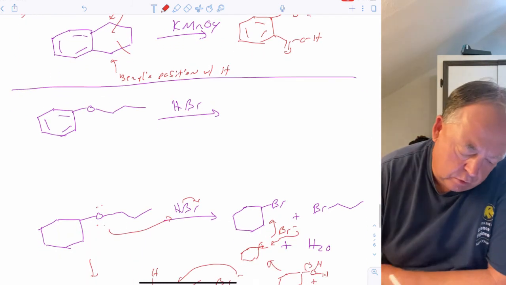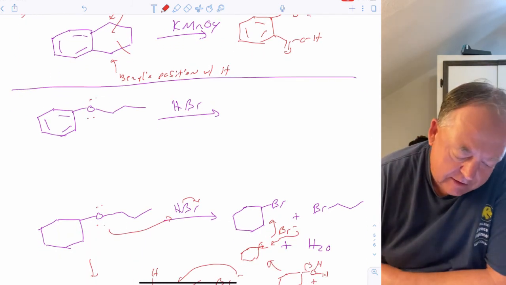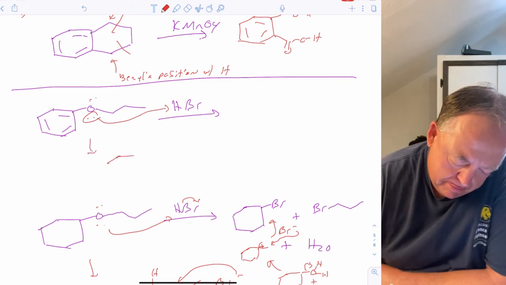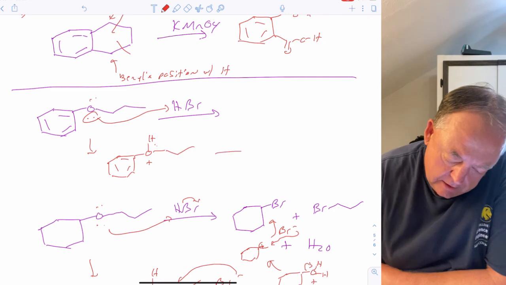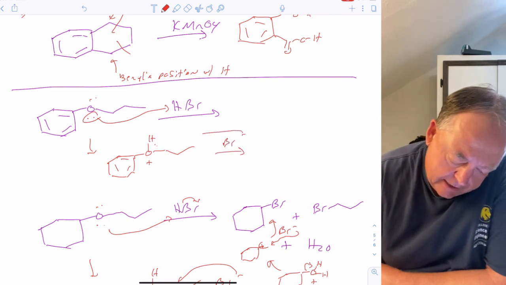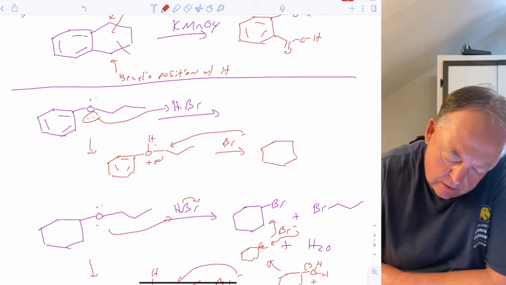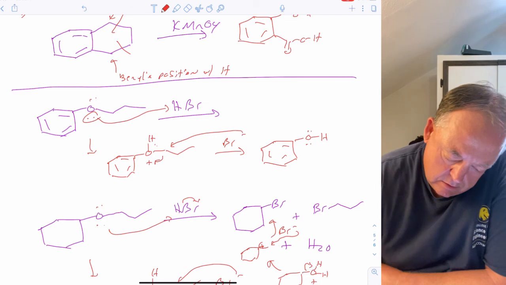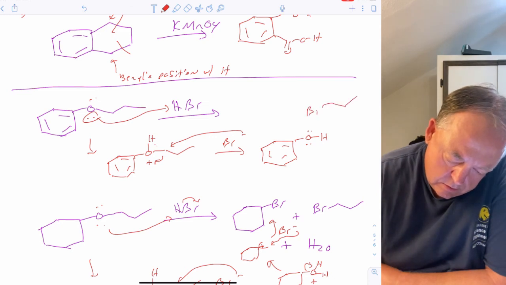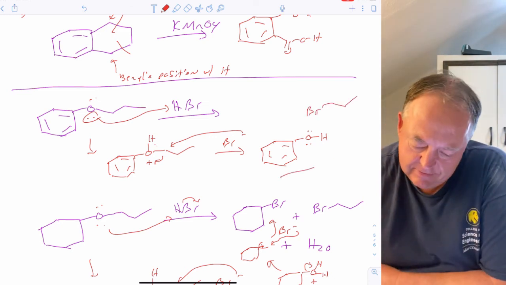So part of that's going to happen, but not all of this. So you would protonate there. And then Br minus would attack here and kick this off. And now you're done, right?